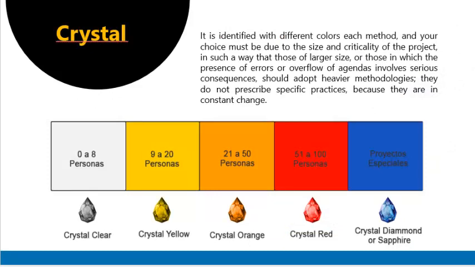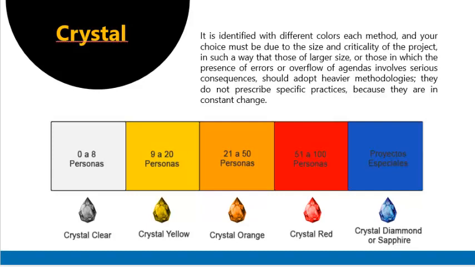The methodology Crystal is defined with different colors for each method, and your choice must be due to the size and criticality of the project, so that those of larger size, or those in which the presence of errors or overflow of agendas involve serious consequences, should adopt heavier methodologies. They do not prescribe specific practices because they are in constant change.